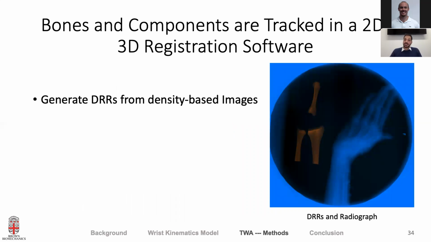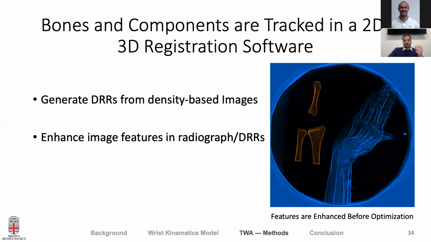BVR's main tracking algorithm uses digitally reconstructed radiographs, or DRRs, and DRRs are created by a raycasting approach based on the density of the bones from the CT scan. They are basically a simulated radiograph from a model. Then we enhance the image features for the DRRs and X-ray images using filters like Gaussian or Sobel.